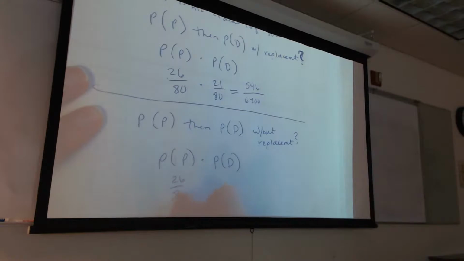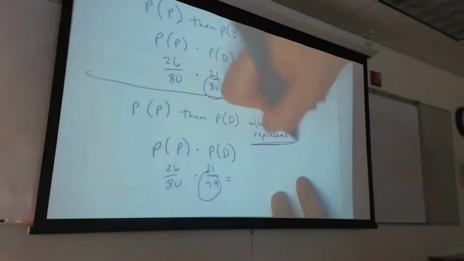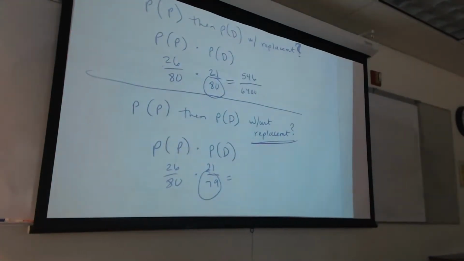Still 26 out of 80, and 21 out of 79. Notice how the denominator goes down when you did not replace. What if it was the probability of a penny and then another penny without replacement? The numerator and the denominator would both go down by 1 because there'd be 1 less of each.